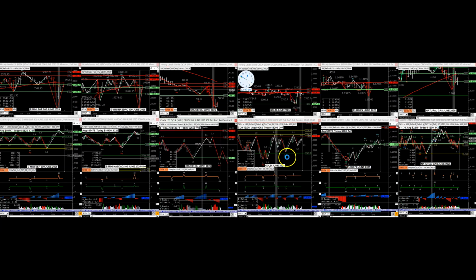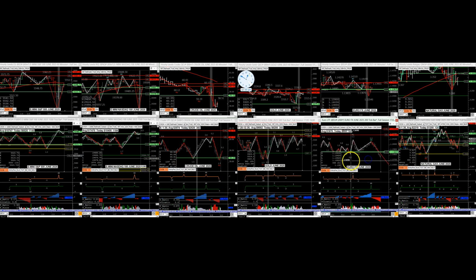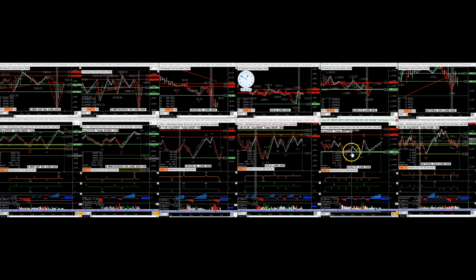All right, second trade. Right here, the market in the euro is ding dong over here, and then all of a sudden what you have is this strong wave.